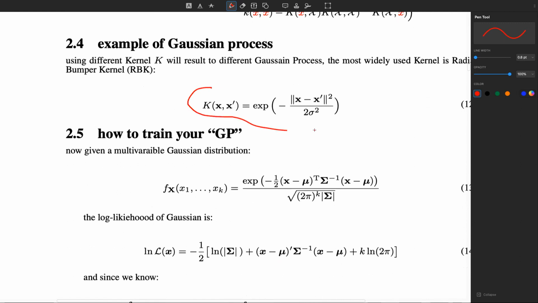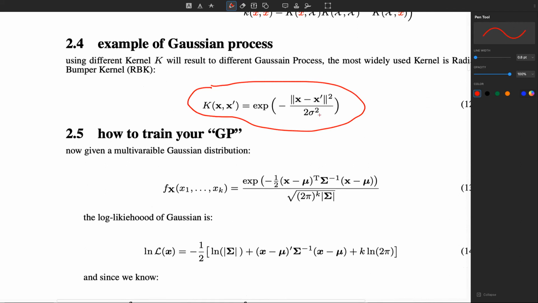It's called the radial bump kernel. As long as you plug in two different numbers, X and X prime, you get a single number back. A kernel function is a similarity function. It shows you how similar two data points are. If they are identical, what are you going to get?